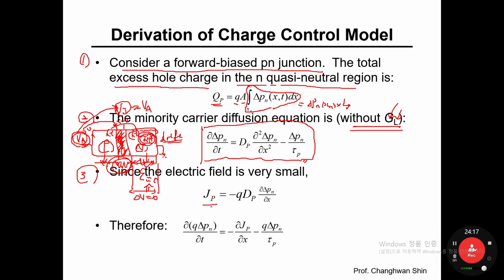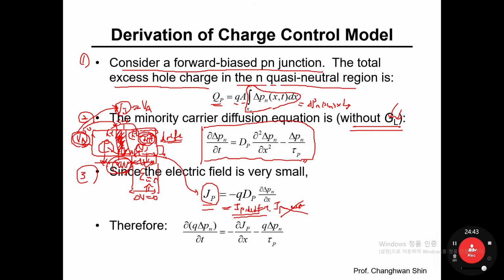The holes are now injected inside and will move by diffusion. The current density of holes is determined by J_p diffusion plus J_p drift. However, the drift component is negligible because the electric field is very small, so the diffusion current component is left.